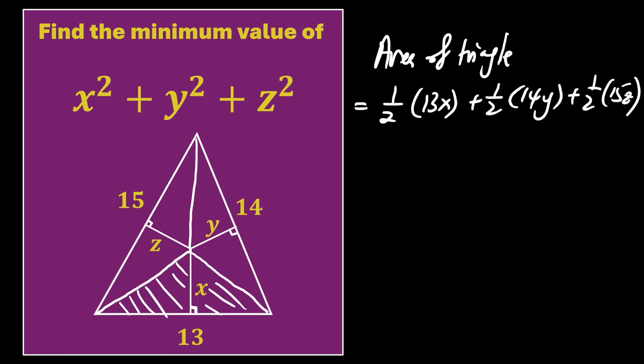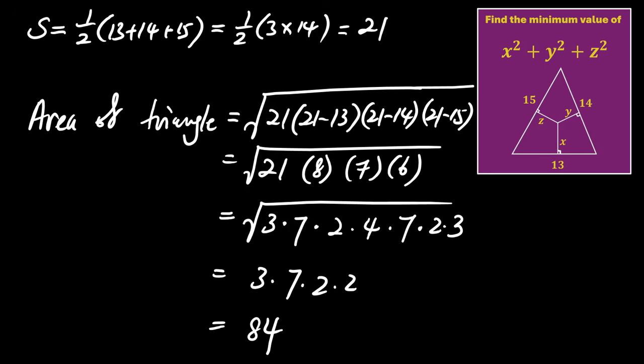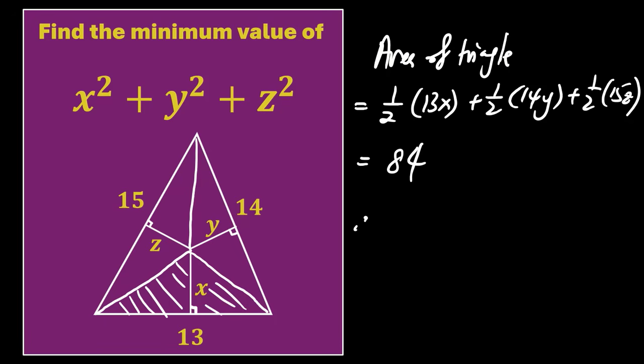With this, we know that the area of the triangle is equal to 84, which means that 13x plus 14y plus 15z equals 2 times 84, that is 168.